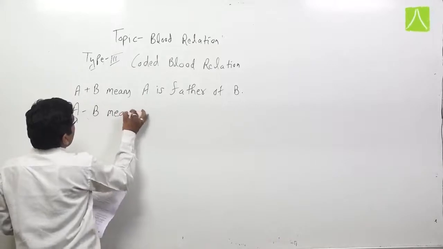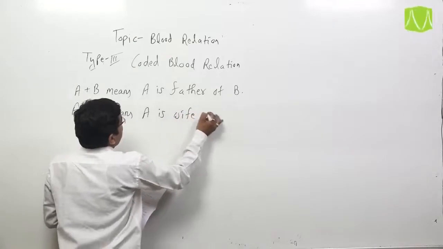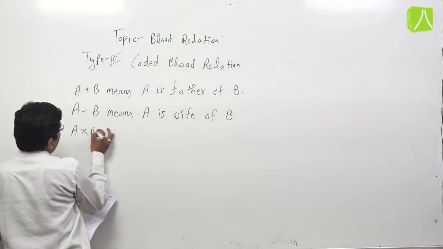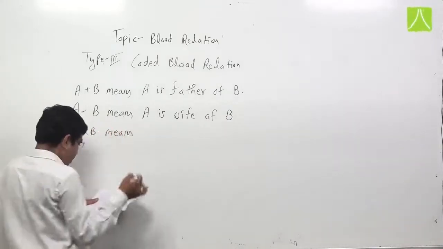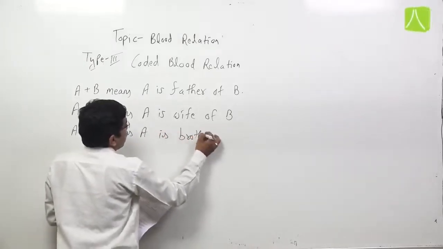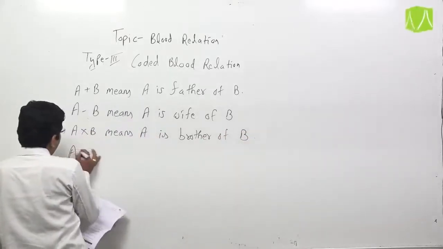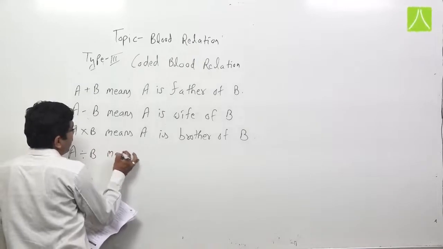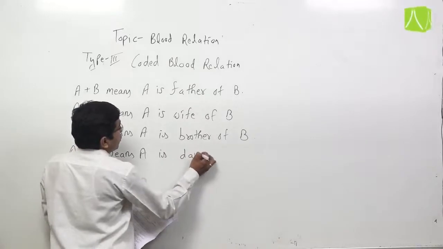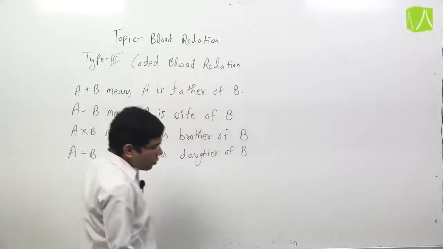A minus B means A is wife of B. A multiply B means A is brother of B, and A divide B means A is daughter of B. These are the four notations.